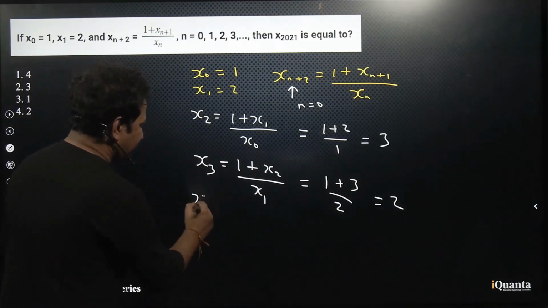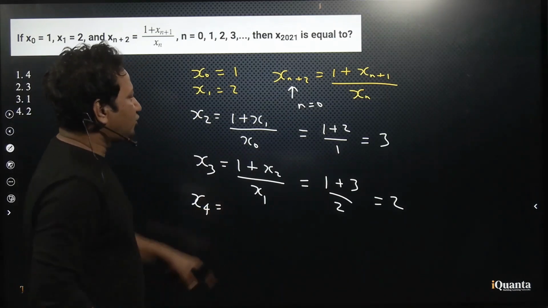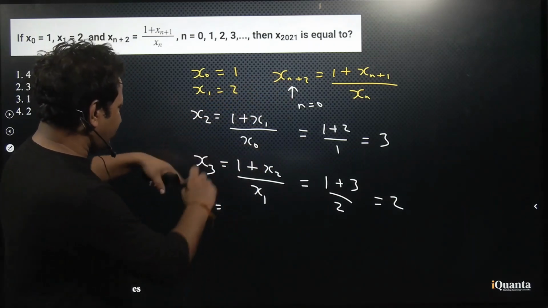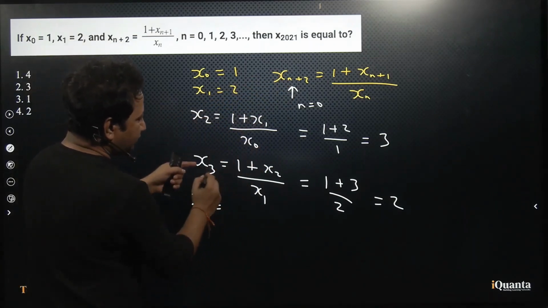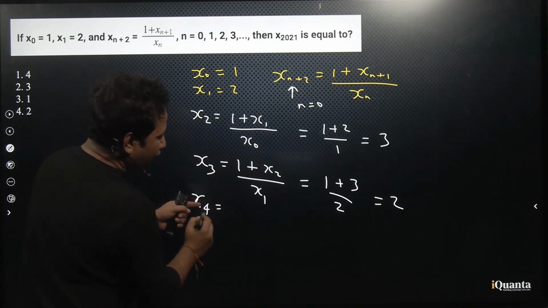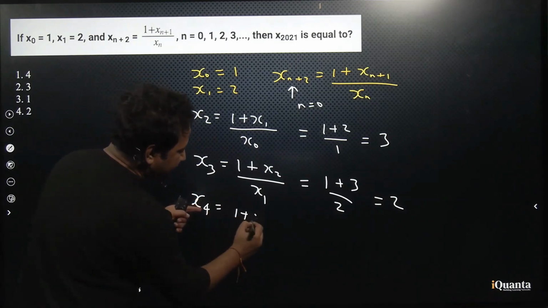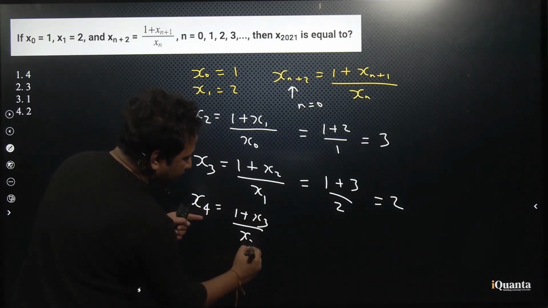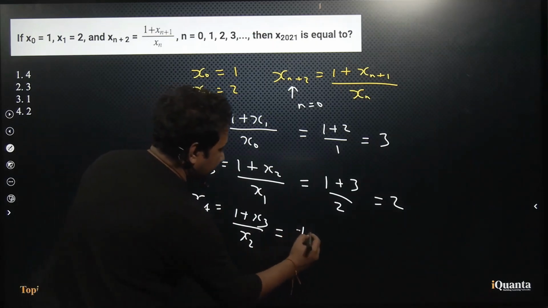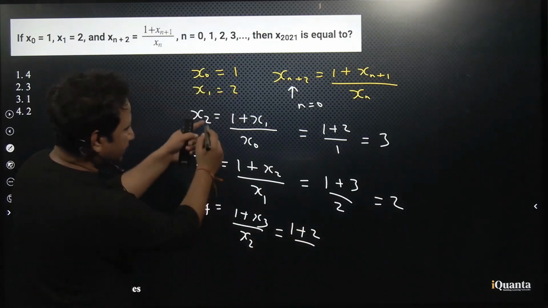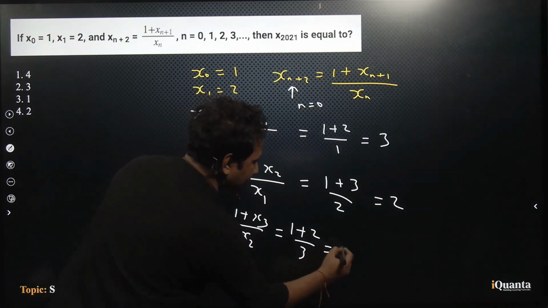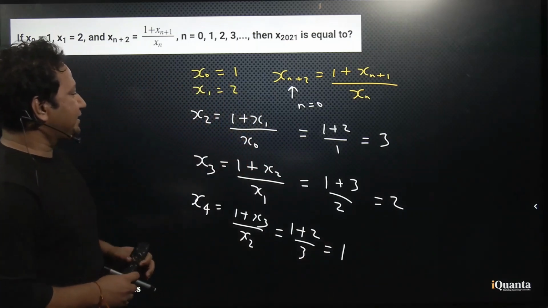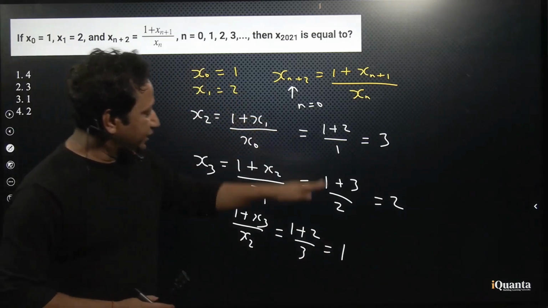Now it becomes easy. We don't even have to think about what to put in here, because if you look at the pattern, it's x2, x1, x0, then x3, x2, x1, so we'll be having x4, x3, x2. So it'll be (1 + x3) whole upon x2, and we'll get (1 + 2) whole upon 3, which is 1. Now I think there is some kind of pattern: 1, 2, 3, 2, 1.